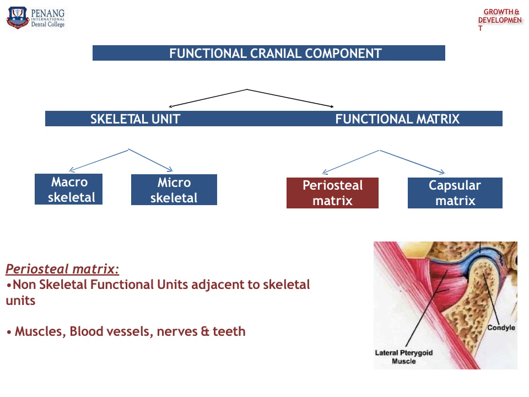So if there are any changes in the need of the surrounding non-skeletal units, like if you use this muscle, there is increased blood supply. So these changes will lead to local deposition and resorption in this skeletal unit, and hence change in shape and form of this microskeletal, which will in turn change the shape and form of the macroskeletal, that is the mandible.